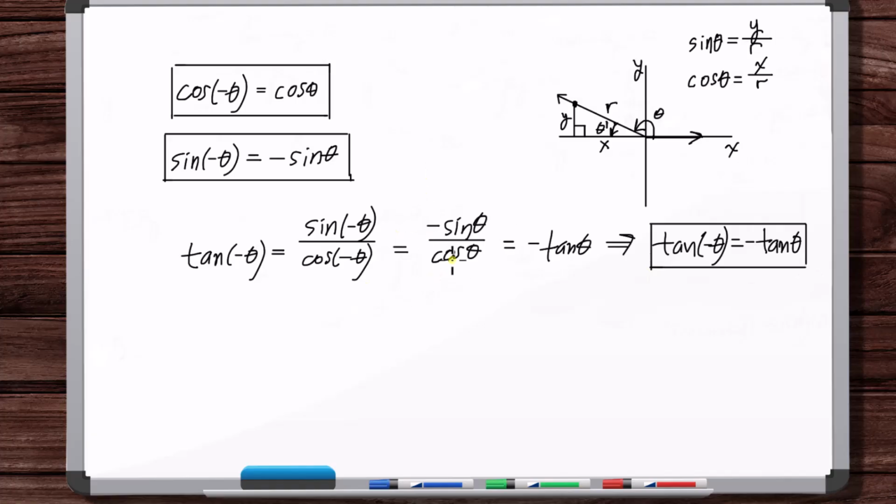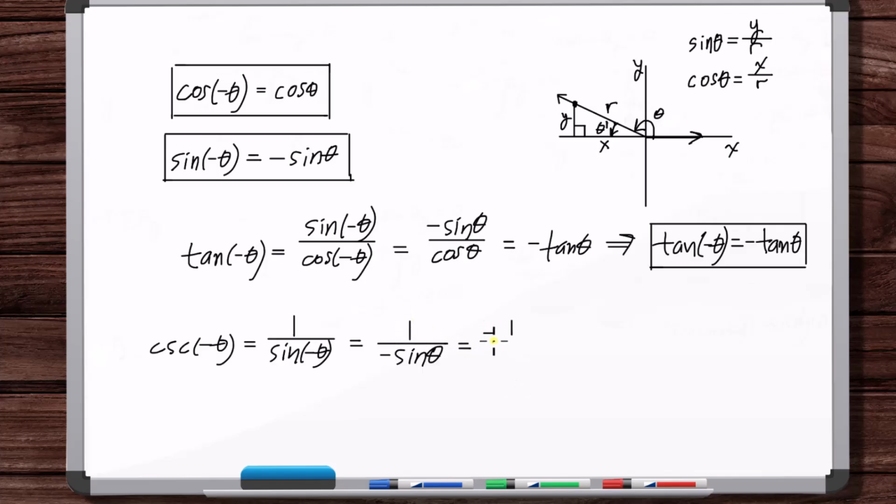Now for the remaining even-odd identities, all we need to do is use the reciprocal identities. Cosecant of minus theta: we know that cosecant of theta is equal to 1 over sine theta. So cosecant of minus theta is 1 over sine of minus theta, which, based on this identity, is 1 over minus sine theta.